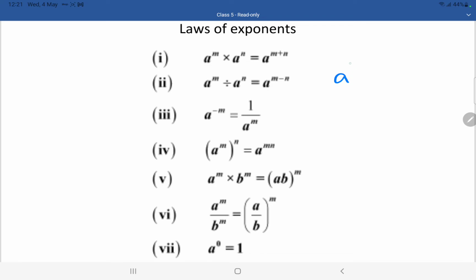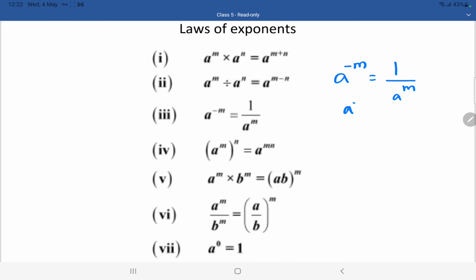A power minus m is equal to 1 by a power m. Now, here if you just see, minus symbol in the power indicates that when it will come into the denominator, it will become plus. So I can write this as how, children?